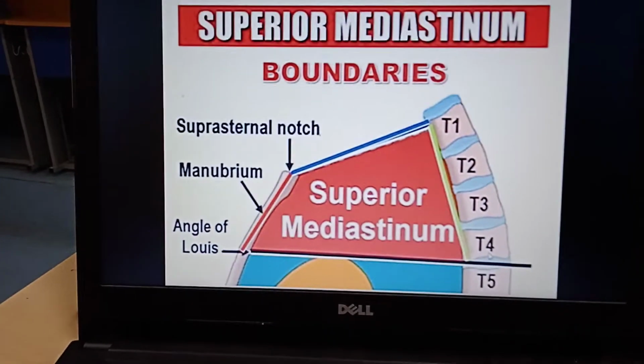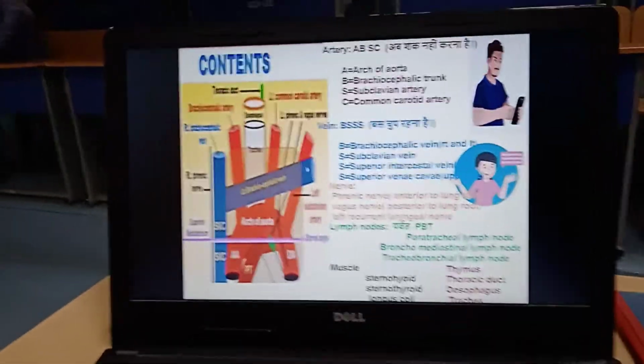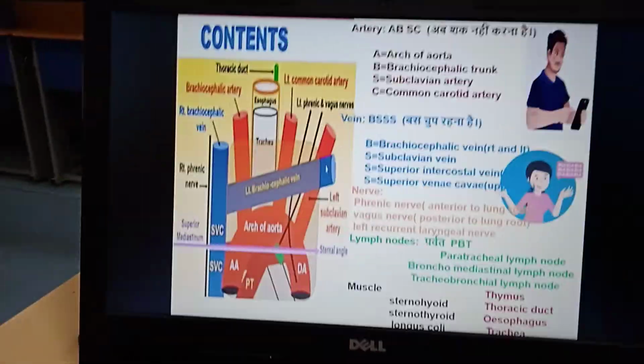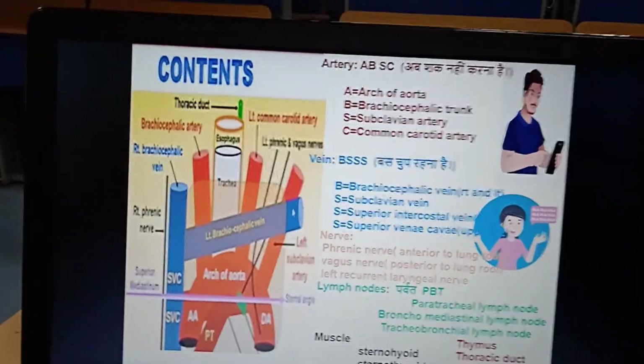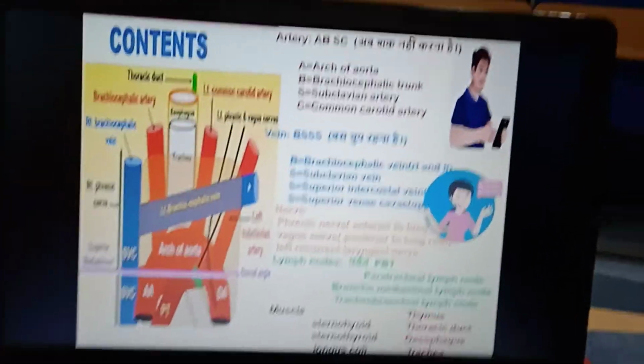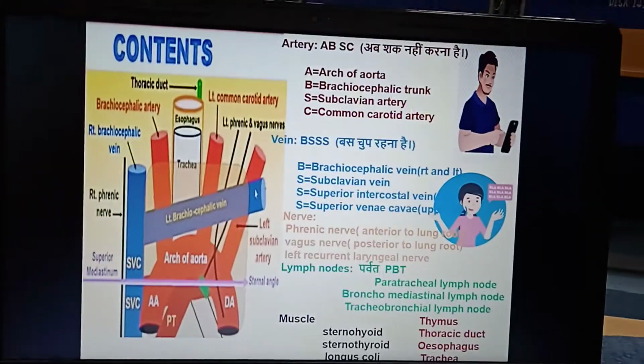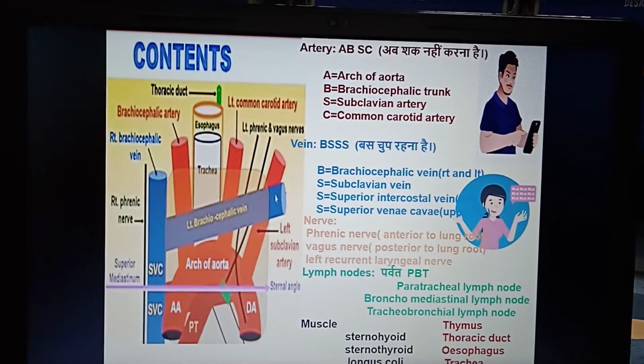And by the side there is mediastinal pleura. Now coming to contents, as I have said earlier: one husband, one wife and the children. Husband is comparable to artery, wife is vein, children are nerves of the home, and lock is lymph node.